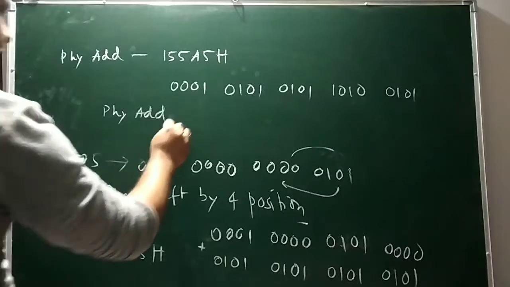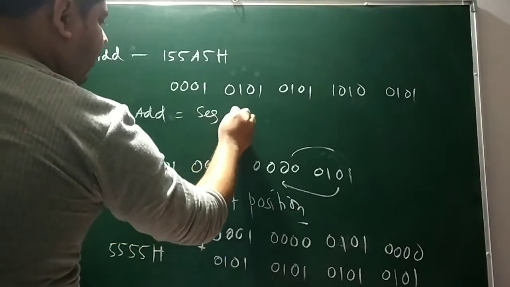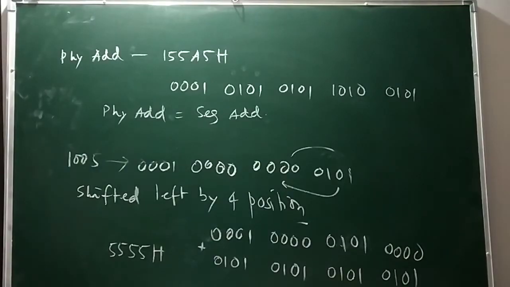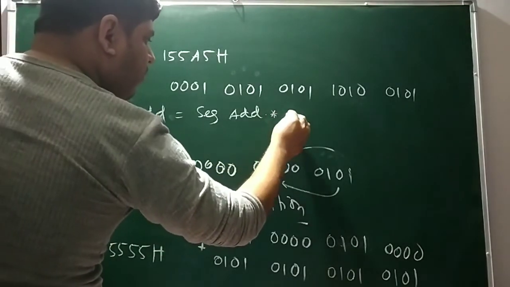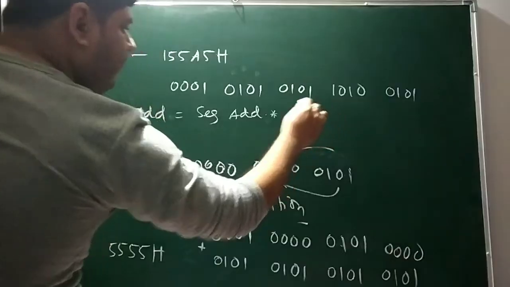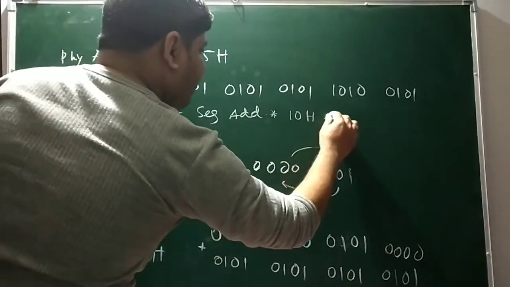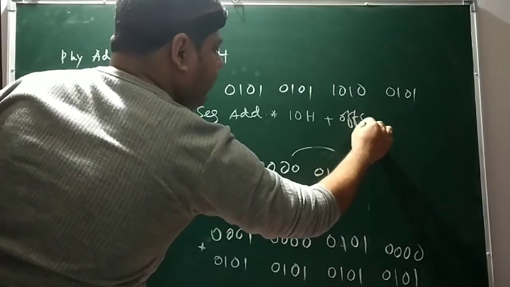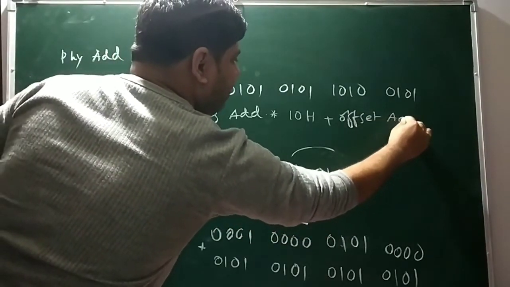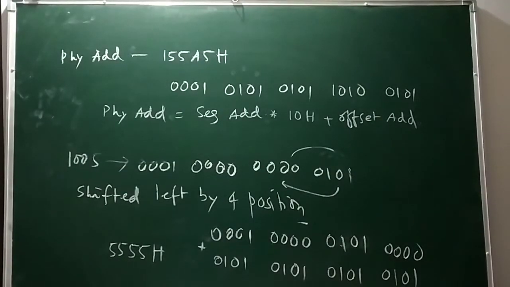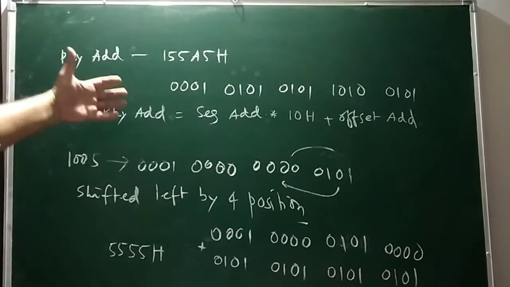So we got the physical address equal to segment address into 10H plus offset address. In this format the physical address will come. How to calculate the physical address?